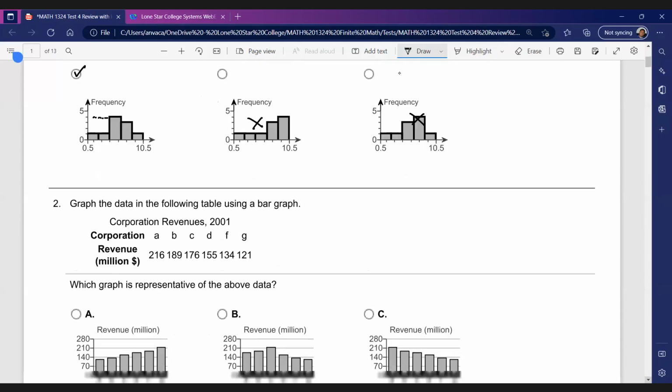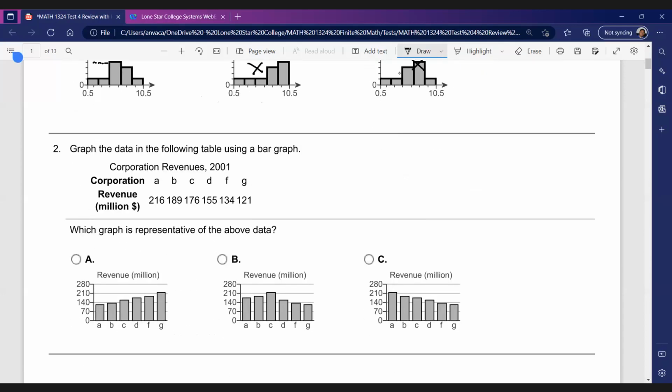Alrighty then. Number 2. Graph the data in the following table using a bar graph. So we have corporations A, B, C, D, F, and then the revenue.